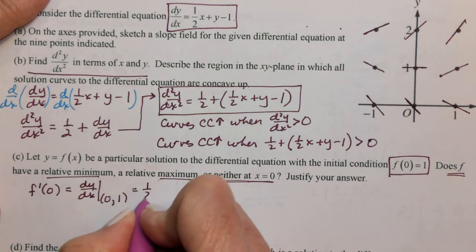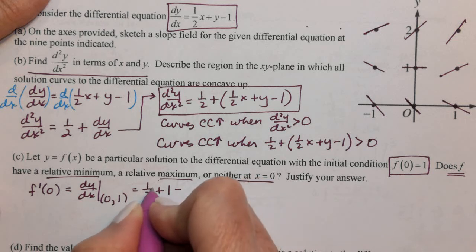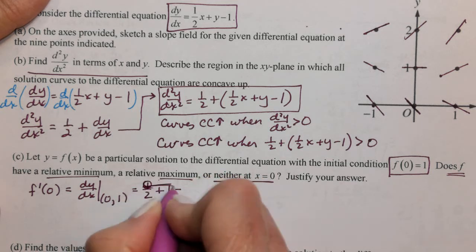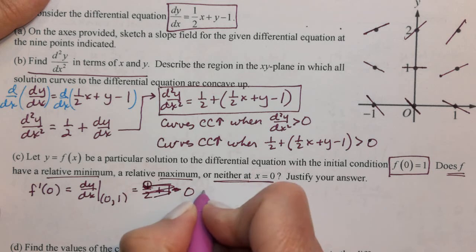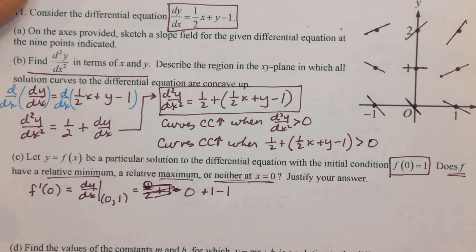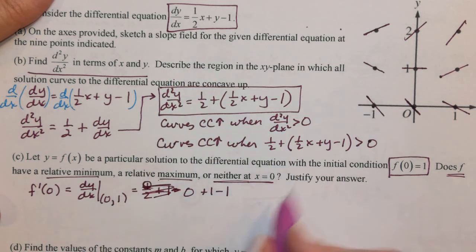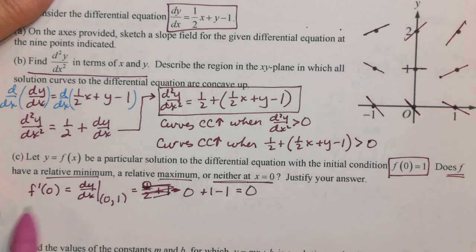So that is 1/2 plus 1/2 times 0. That's 0 plus 1 minus 1, right? So I just plugged in 0 for x and 1 for y. So that is 0. That means at x equals 0, the slope is 0.